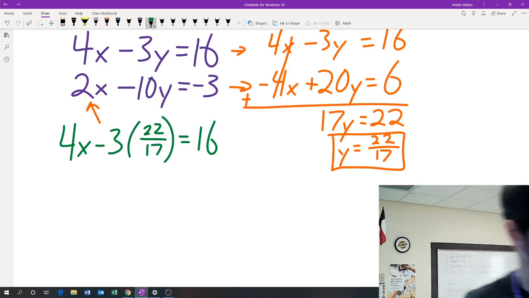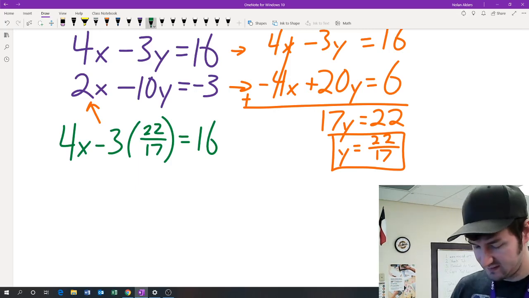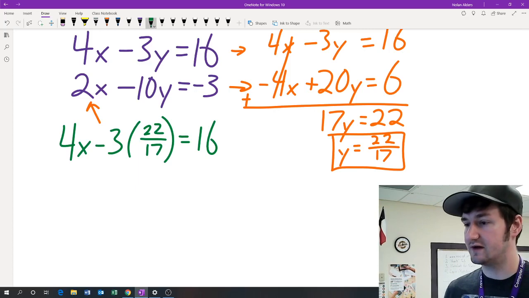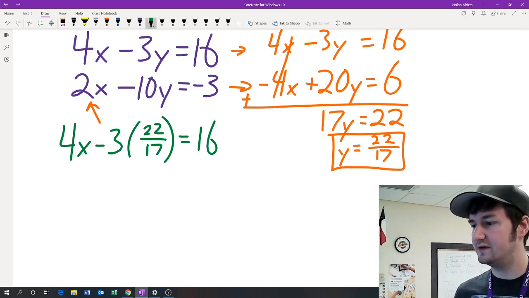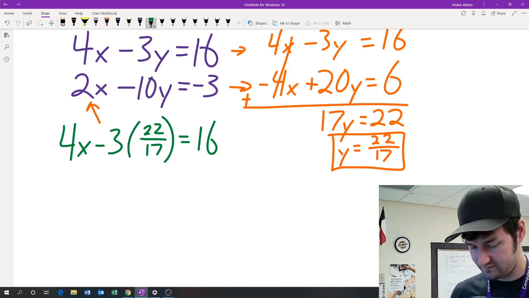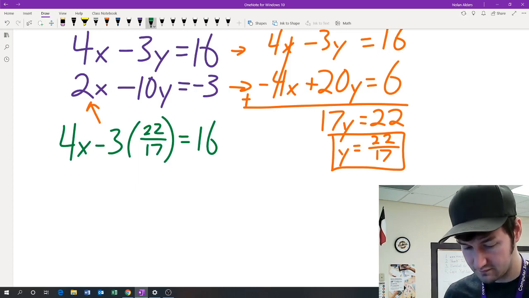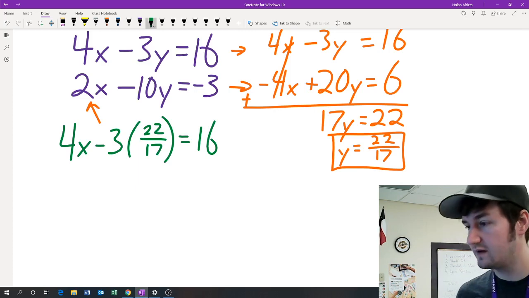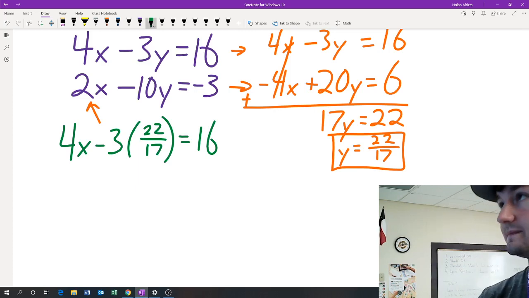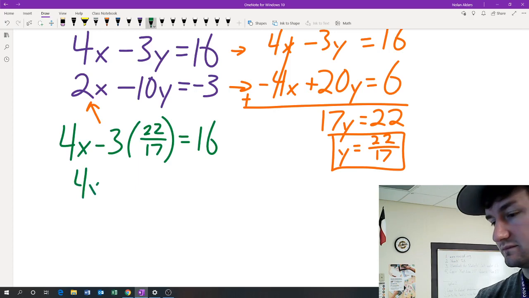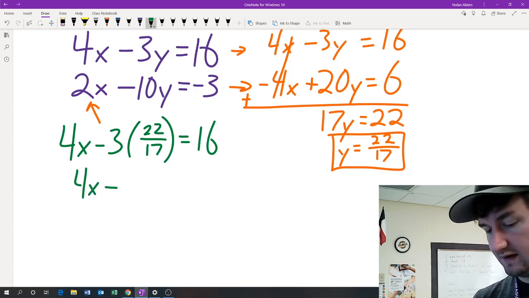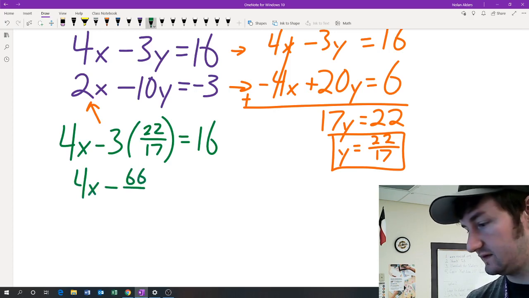Okay, now this is going to get a little bit sloppy, but that's okay. We can use our calculator. -3 times 22 over 17 will give us -66 over 17.